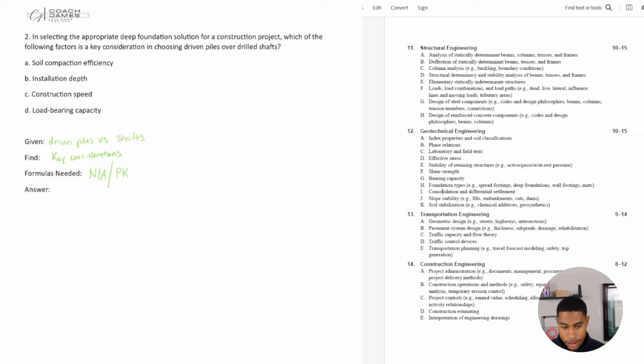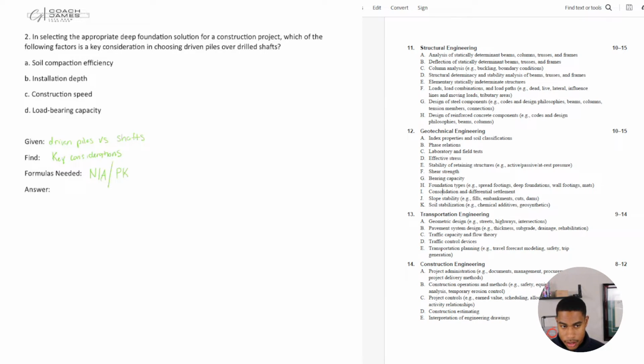Load capacity: drilled shafts can offer a high load bearing capacity, making them suitable for supporting heavy structures and resisting lateral load. So if you want the highest load capacity, you're going to want drilled shafts over driven piles.